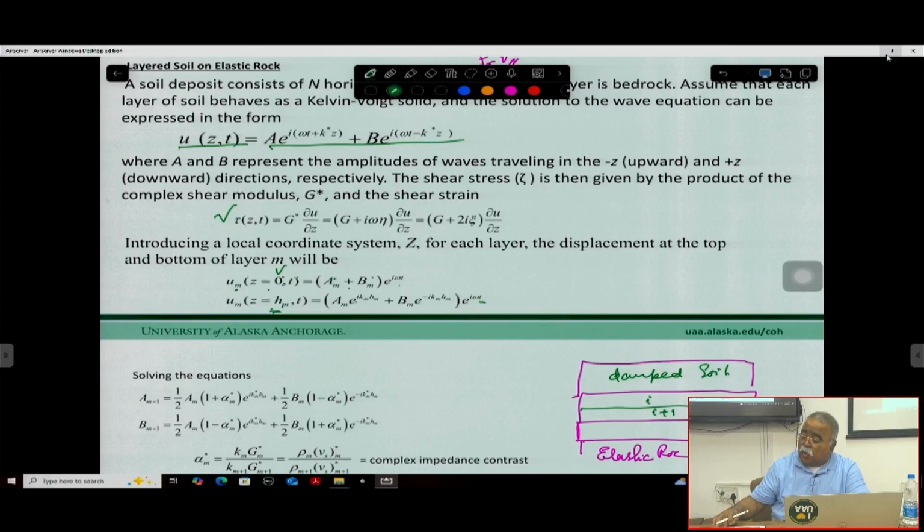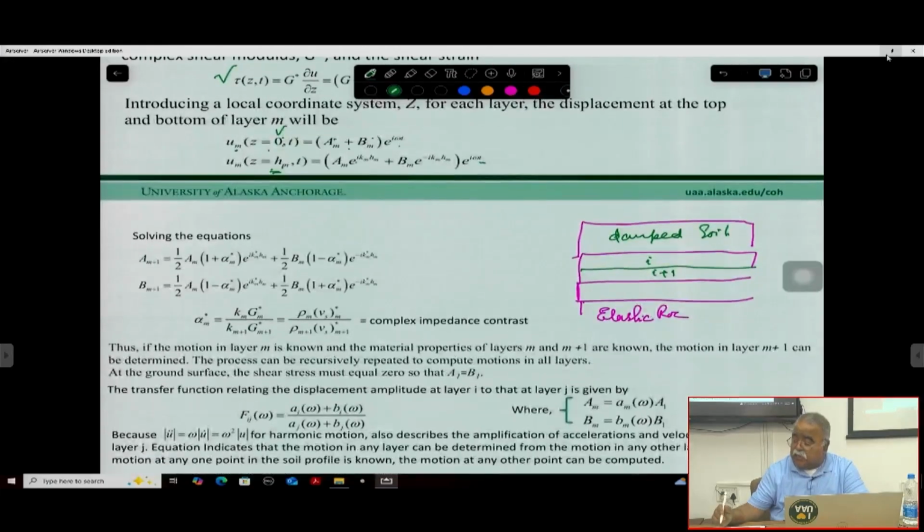And we can solve this equation by a recurrence relation. I will not go into details, because if you know the M and M plus 1, these two layers, you can identify them and then write down the equation for M and M plus 1.